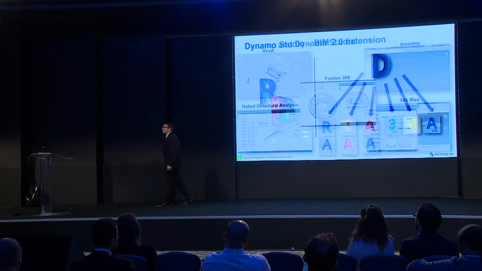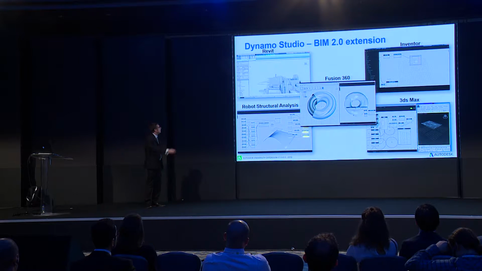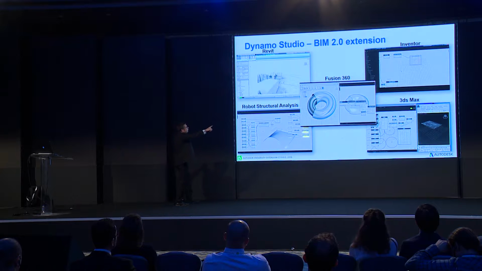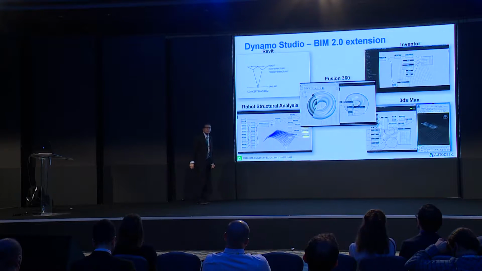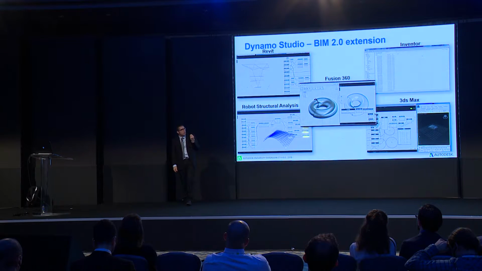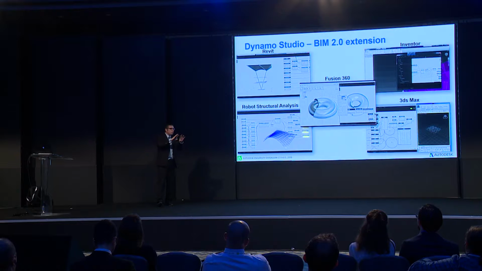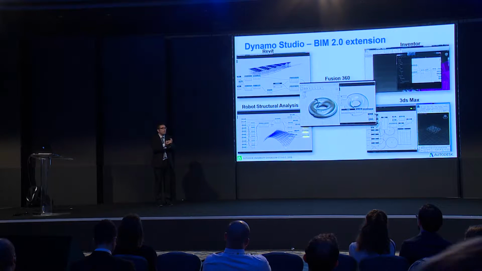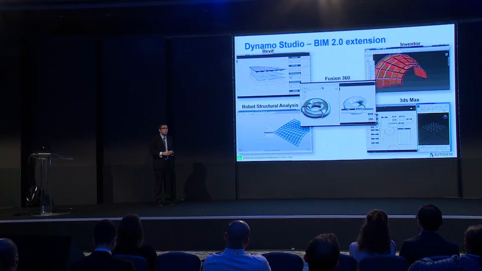For instance, you've got these examples, like Revit, Robot, Fusion 360, Inventor, 3ds Max. And what is the purpose of Dynamo Studio? Dynamo Studio will be in the center of all this software, and you can exchange between software using Dynamo Studio.